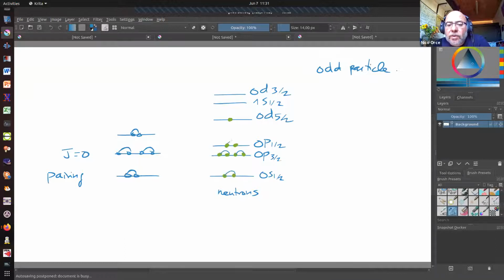So if you want to excite them, you probably need to break a pair. Then you can promote a particle up there. So let's see what happens actually if we break this pair and then we move this fellow. We make it jump here, right?